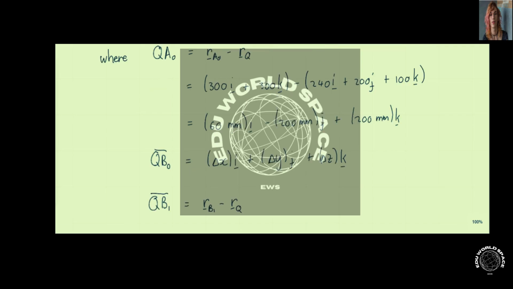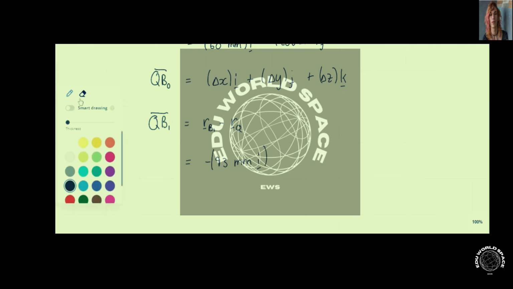And finally, QB1 is equal to the position vector at point B1, R B1 minus R at point Q. And if we do this subtraction, we get QB1 to be equal to minus 93 millimeters I, plus 20 millimeters in the J direction, plus 30 millimeters multiplied by basis vector K. So that is vector QB1.